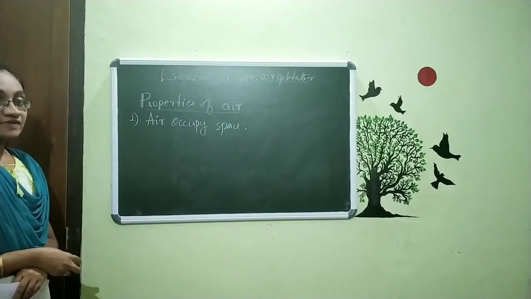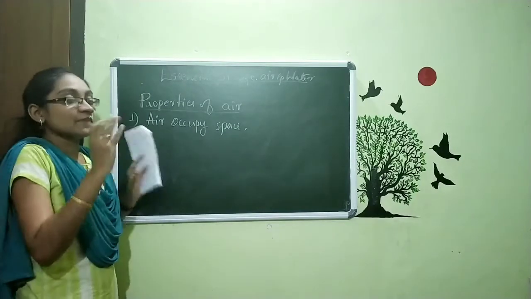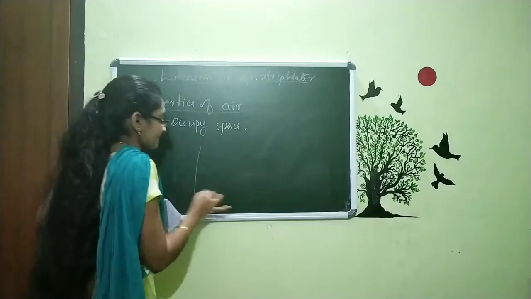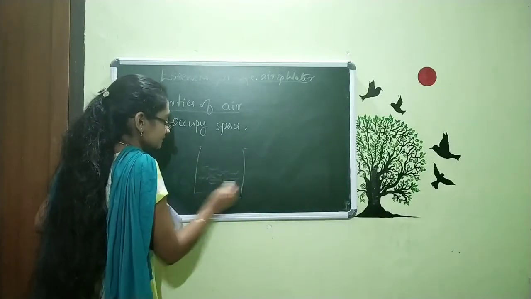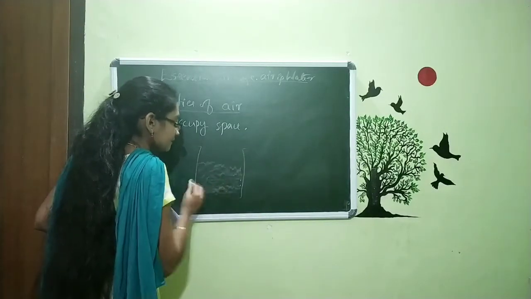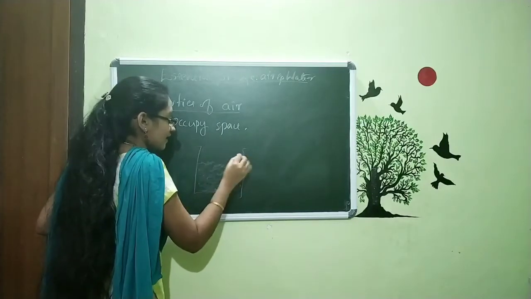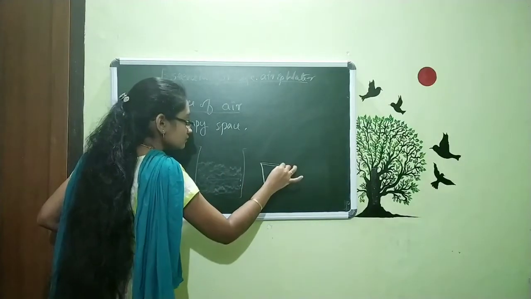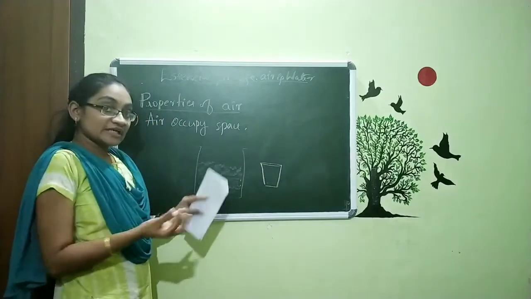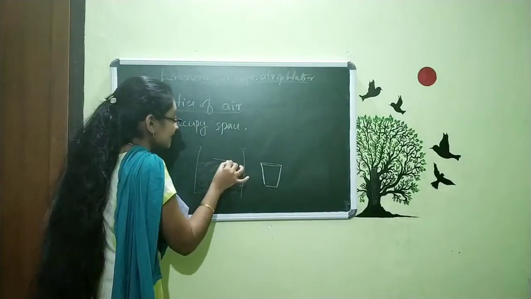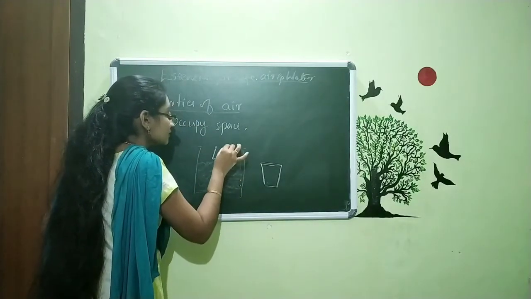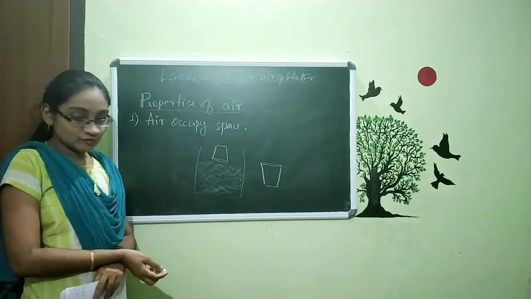For that we discussed one activity: take one bucket of water and fill it half with water, and then take one glass and invert this glass directly into our bucket of water.